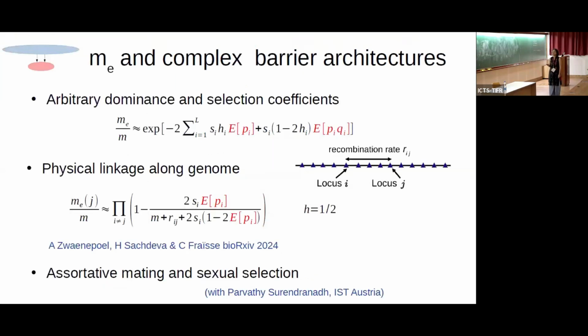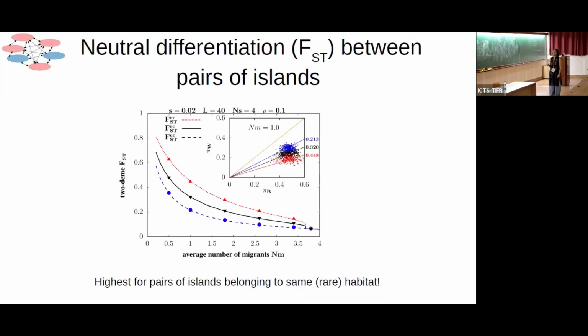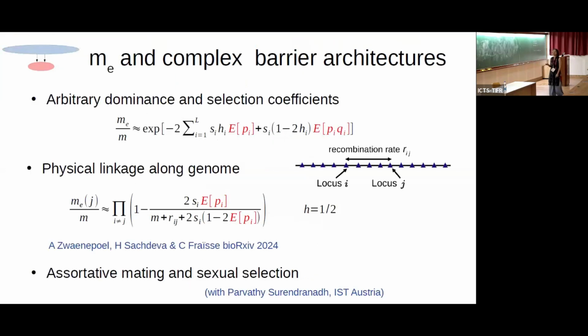Okay, so this was all still for neutral, simple models with unlinked loci, equal effects, all of that. But of course, we know that's not what genomes look like. I won't actually go through these formulae, but one can write down expressions for effective migration rates also under more complex architectures.